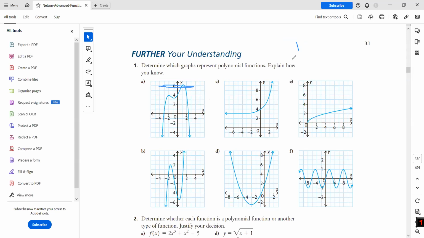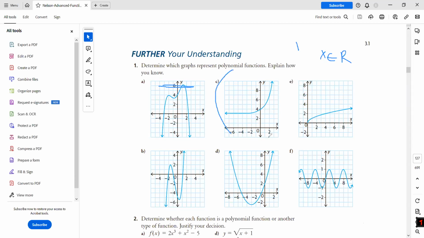And also, they would have all rational numbers as x. So the x values should be all included in this function.